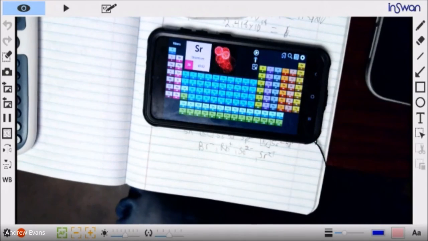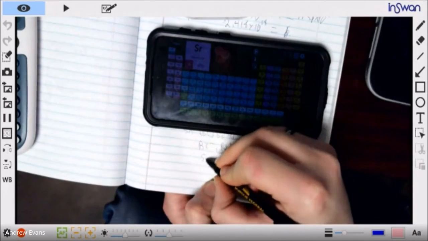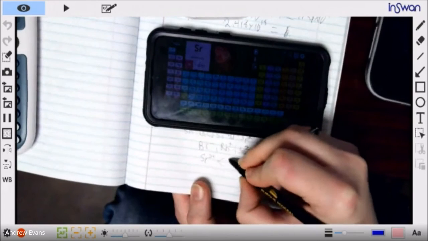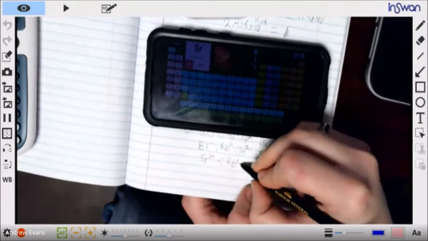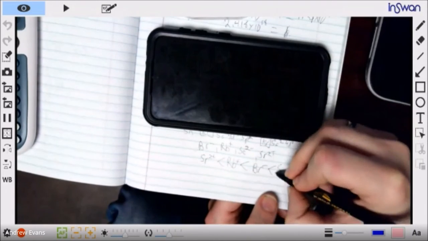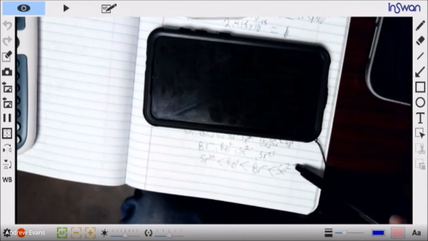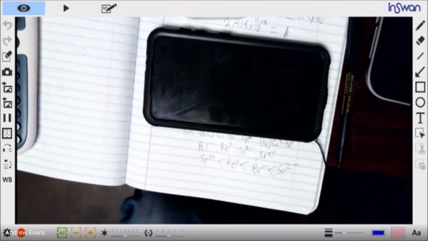So these are indeed isoelectronic, meaning if I need to put them in order of increasing size, I'm going to want strontium 2 plus on the left, followed by rubidium plus 1, followed by bromine 1 minus, followed by selenium 2 minus. So most positive to least positive, because the size increases with increasing negative charge.